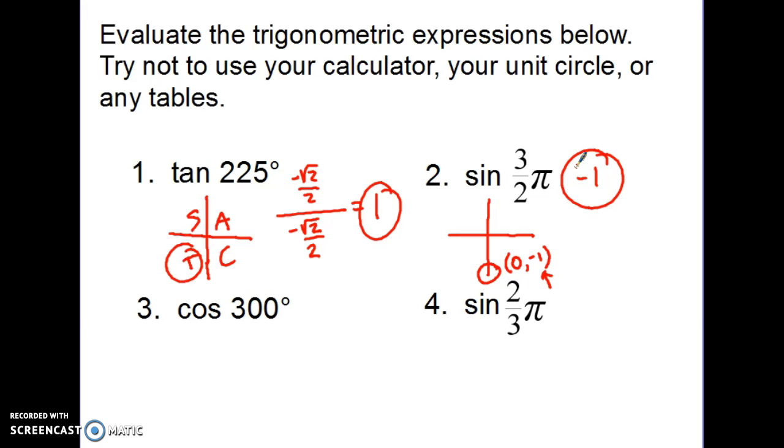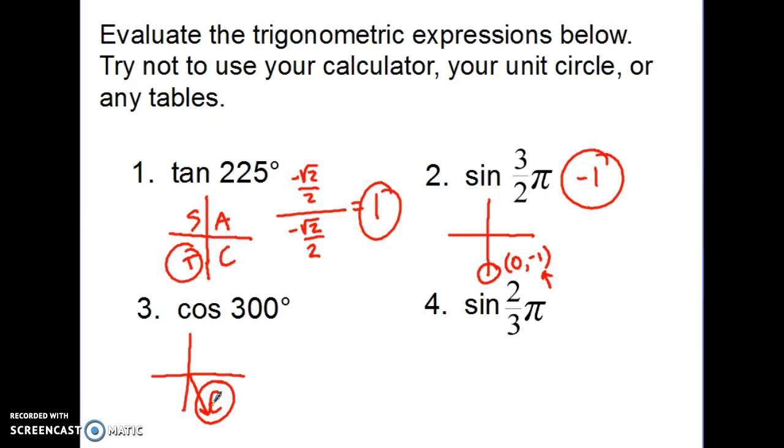Okay. Cosine, 300 degrees. What quadrant are we in? The fourth quadrant, right. We are right here. ASTC. Cosine is positive in the fourth quadrant, so this will be a positive value. So for this angle, which is right here beside the 270, are we wanting the x value, the y value, or y over x?